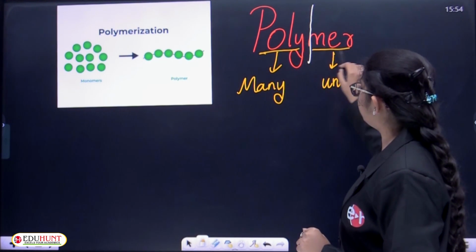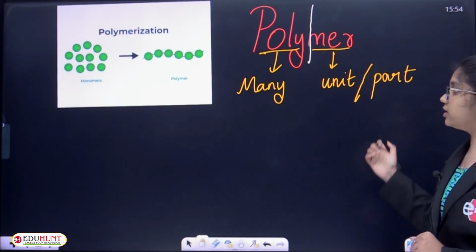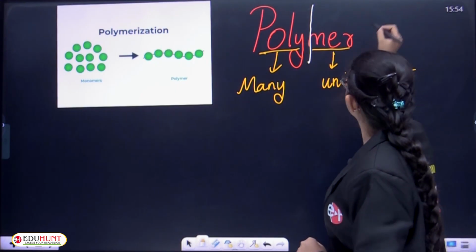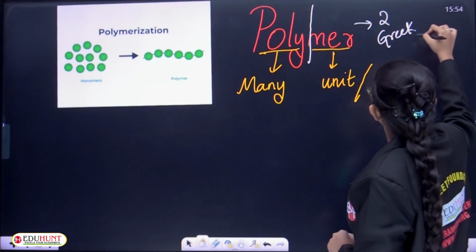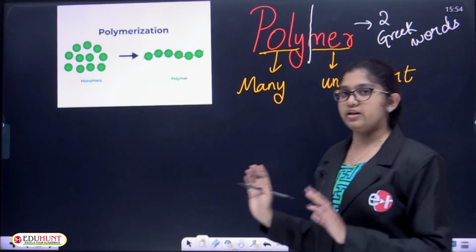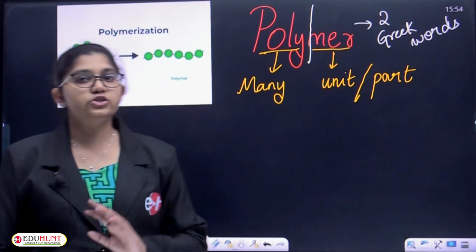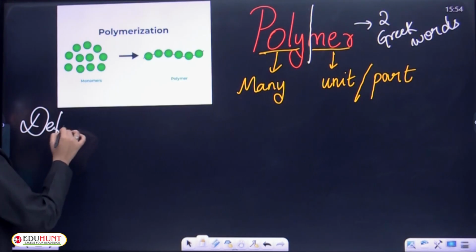Poly means many, mer means unit or part. Combined, these two Greek words mean many parts or many units. Now write the definition of a polymer.